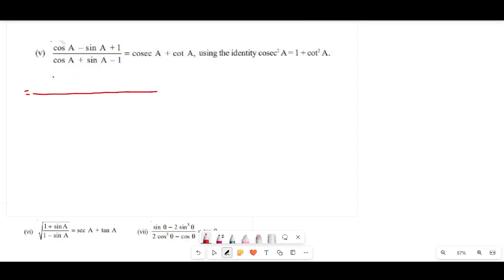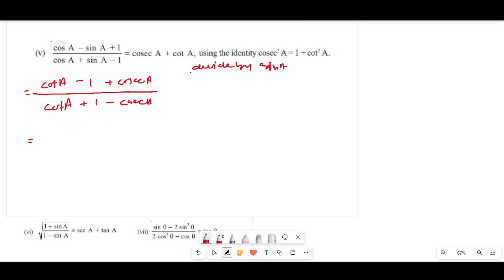If we divide by sin a, cos a upon sin a will be cot a. Now minus sin a upon sin a will be 1. Now 1 by sin a will be cosec a, because it is the reverse of sin a. Clear? Now this will be cot a plus 1 minus cosec a.